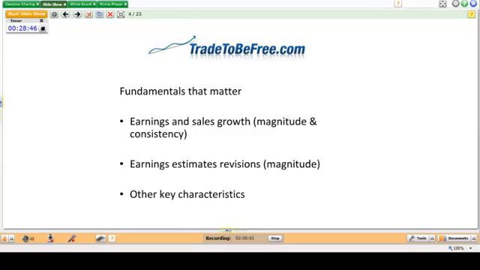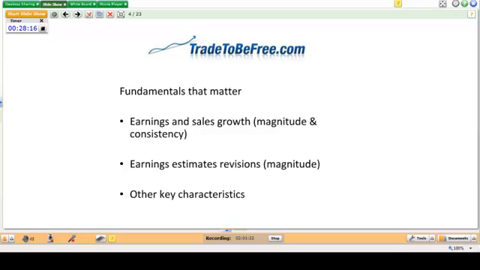The companies that have the higher ranking tend to beat estimates more, with their estimates tending to move higher. And their ranking model, according to their site, has made between 25 and 30% per year in gains, and really clobbered the market over the past 25 years. And it's been pretty consistent year in and year out.